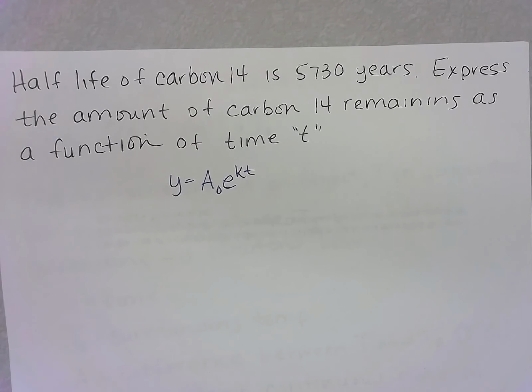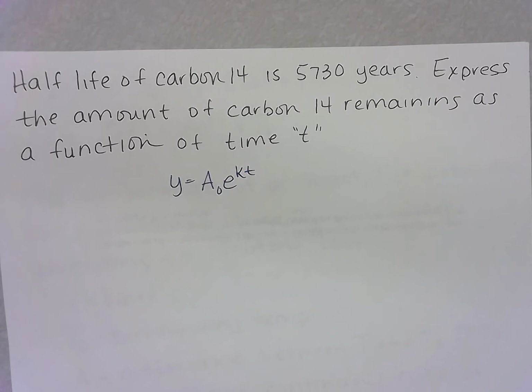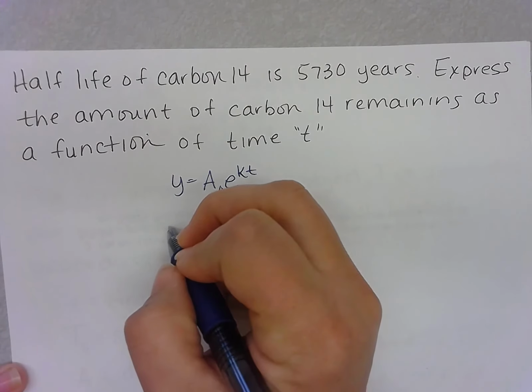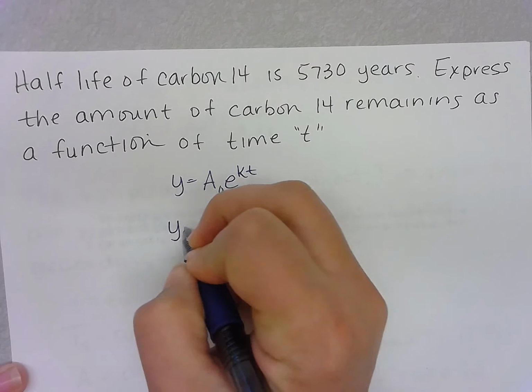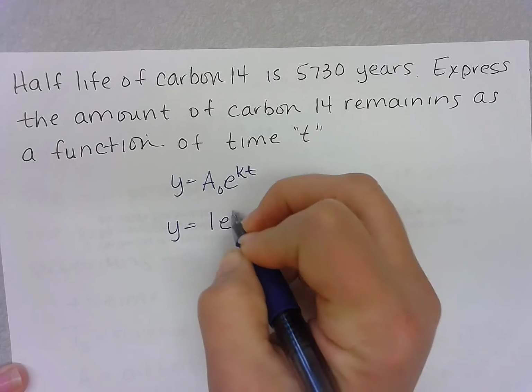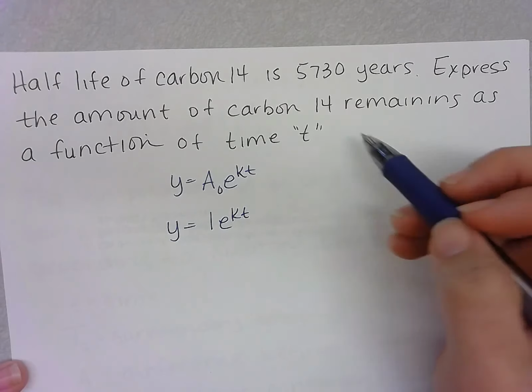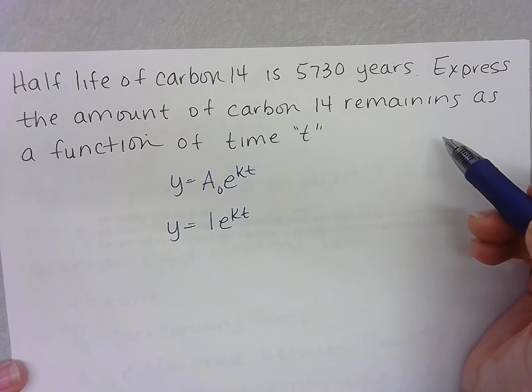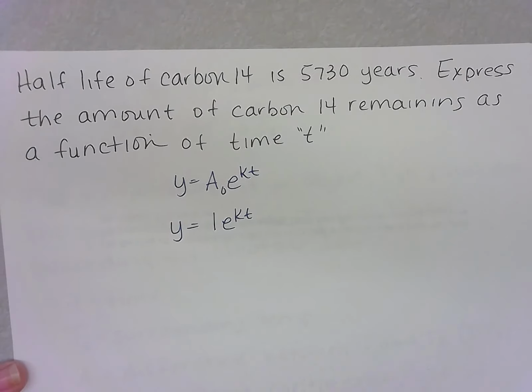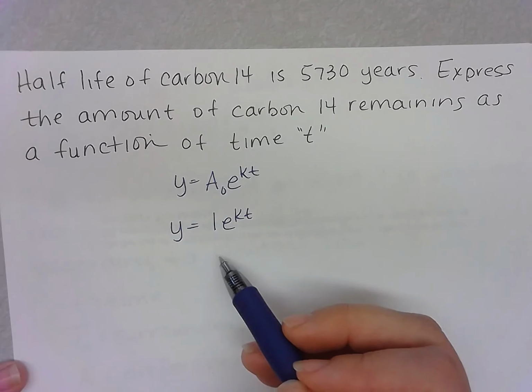So it's like 100% of something, so I just think of it as 1 unit. So we're going to just use y equals 1 e to the kt in our case, because they didn't give us a specific, they just want basically how to break this carbon down. Okay, so I'm just going to use 1 in this particular case.